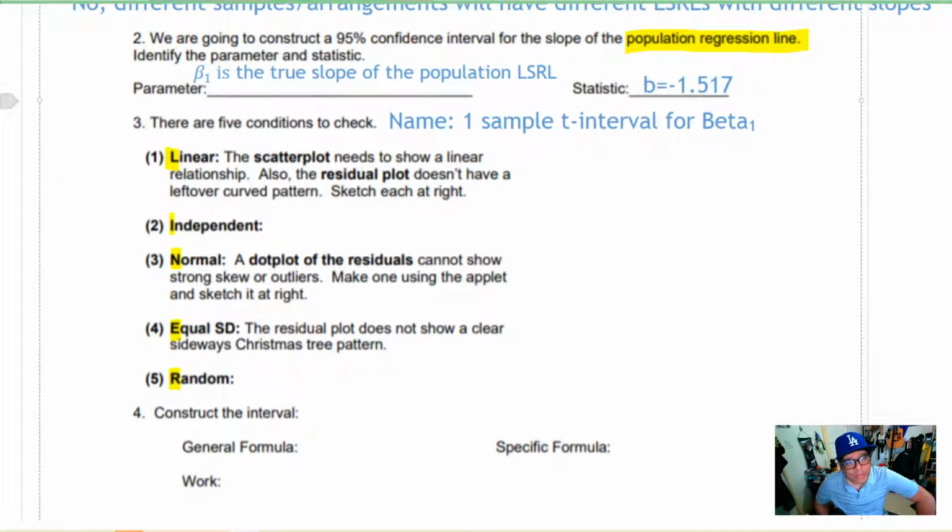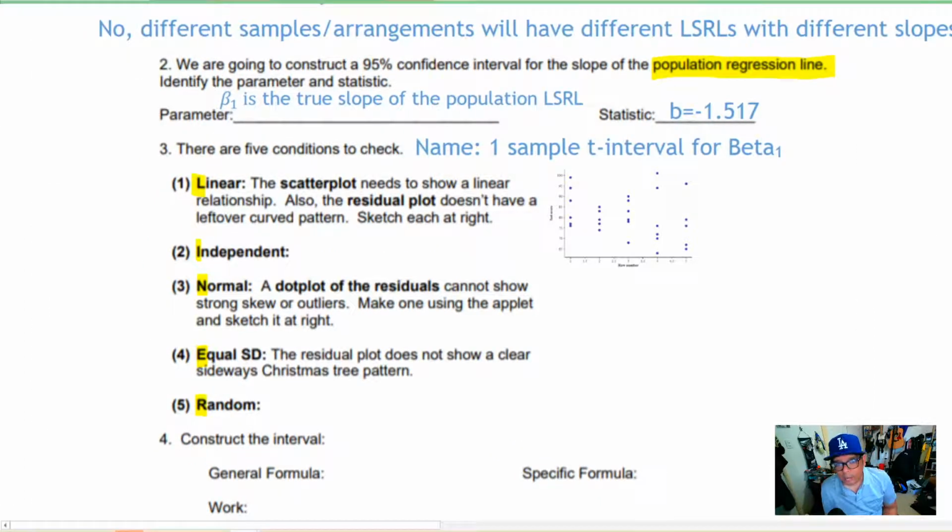Well, number 1, the scatter plot needs to show a linear relationship, and also the residual plot shouldn't have a leftover curve pattern. So let's take a look at the scatter plot first. We got to make that kind of small so we can fit it in here. That scatter plot doesn't look like it has anything but a linear relationship. I know we've talked at great length in class about this, but in general, there is a negative relationship between the row number and the test scores.